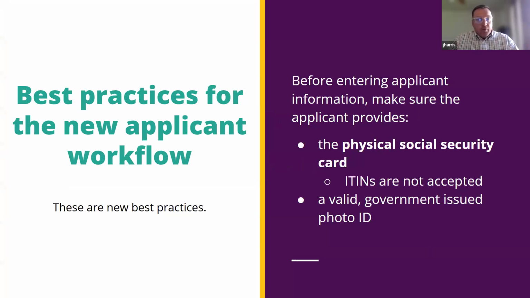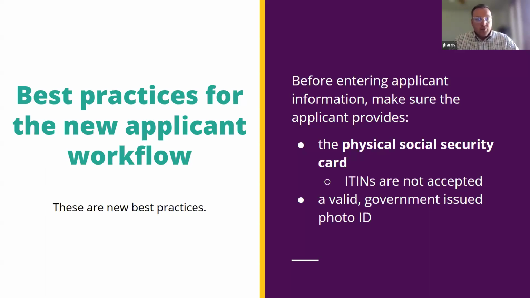Before we even begin to enter an applicant into the DACS system, we need to make sure that they have certain identifications, certain cards. First of that is a physical Social Security card. ITINs are not accepted in DACS for the background screening application.